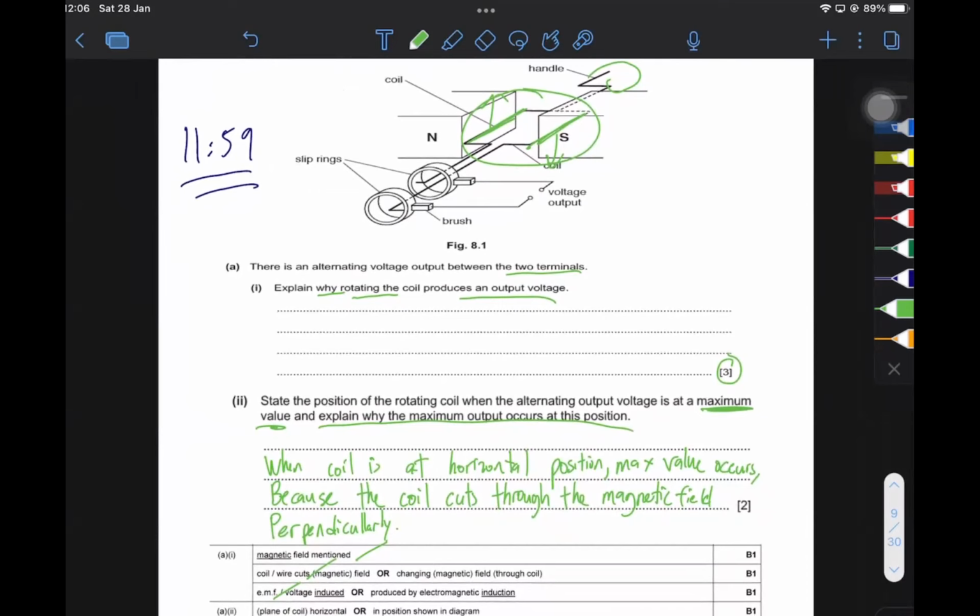Are you trying to talk about 90 degrees, where the coil is like this position here? But at this quarter, it will actually give you the minimum, because at this instance it moves parallel with the magnetic field already. Do you see it or not? At this instance, where the coil is horizontal, it is at maximum. So you just say at this exact instance, when the coil is horizontal. Do you know what I'm talking about?